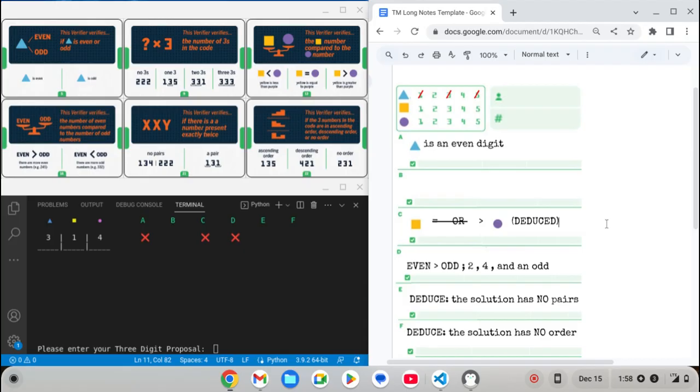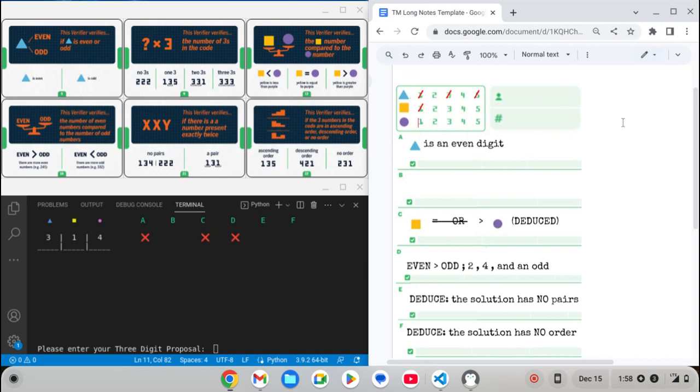So let's go back and see, how does that affect our values? Well, if square is to be greater than circle, then I think it's safe to say that square cannot be a 1, because if square were 1, there's nothing smaller that circle could be.